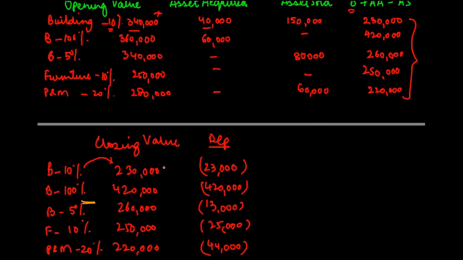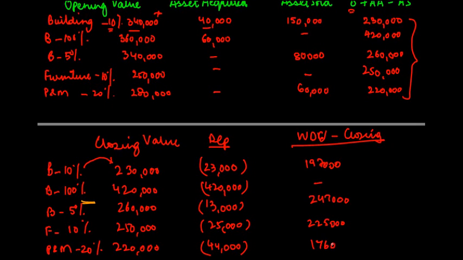Once you reduce this value from this, you will get the closing written down value. So this gives you 207, 0, 247, 225 and 176, right? So these are your closing written down values.